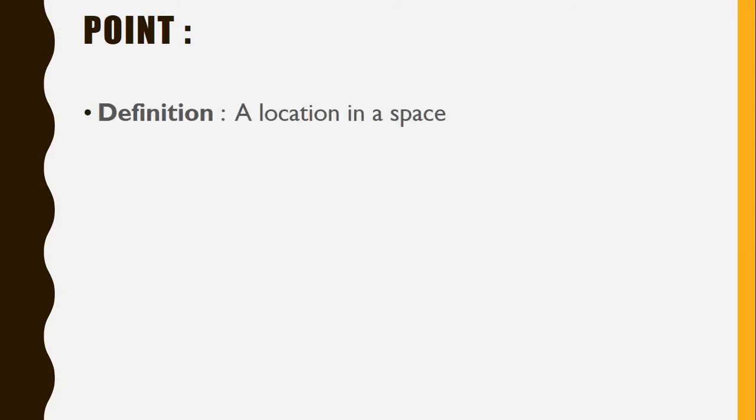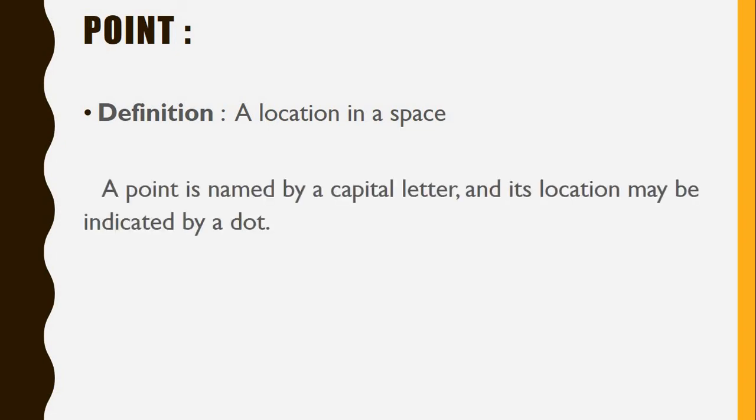There is no proper definition of point, but for the basic idea, a point is a location in space. A point is named by a capital letter and its location may be indicated by a dot like this.